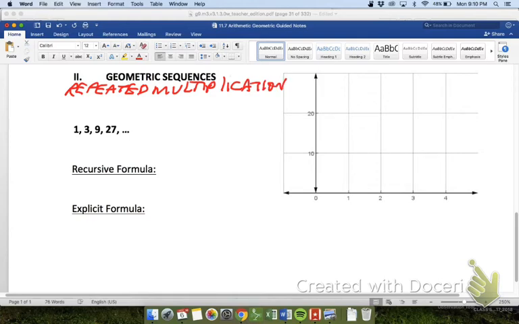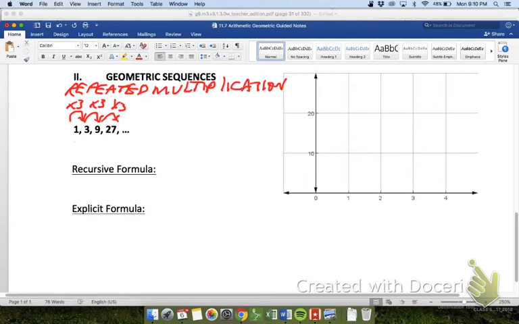Okay, so if we're given a sequence like the one below, 1, 3, 9, 27, the idea is to start thinking about whether there is a number you can multiply 1 by to get 3. Well, 1 times 3 is 3, and then 3 times 3 would give you 9, and 9 times 3 would give you 27.